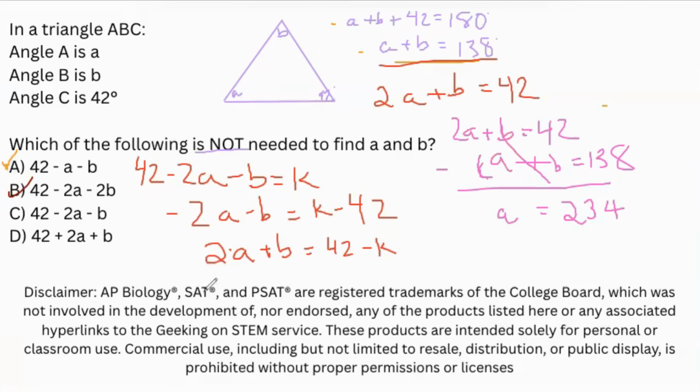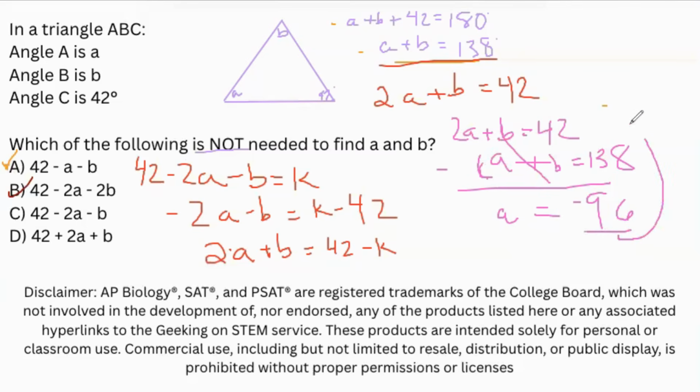Let me just double check here. 138 subtracted from 42 is going to give you, sorry, not 132, negative 96. So you have negative 96 for a. So we didn't really need Desmos for this. It could have been easily checkable that we have negative 96.